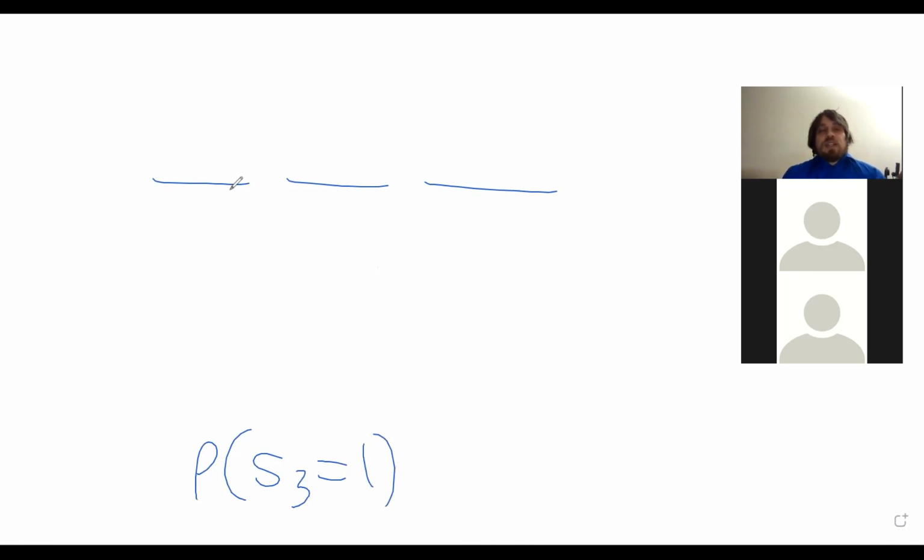Well, just like in our example, let's say that we succeed on the first trial only. So you succeed in the first one, and that has probability P, the probability of success, and you fail in each of the next 2. To find the probability of succeeding in the first one only and then failing in the next 2, that would be P times Q squared.